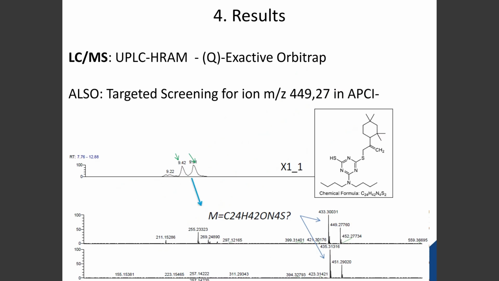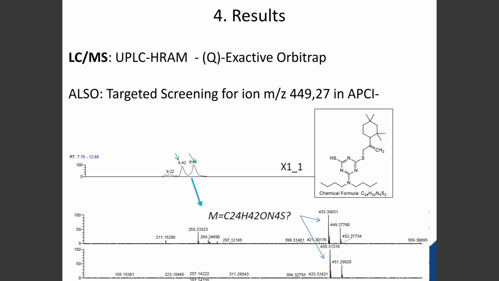But if we look a bit more in detail, what else can be seen? We expected the main mass, but there were also some other fragments in the other chromatograms at other retention times too. If you look at those here on that slide, you can see that not only the parent ion can be seen in APCI, but also some other fragments.